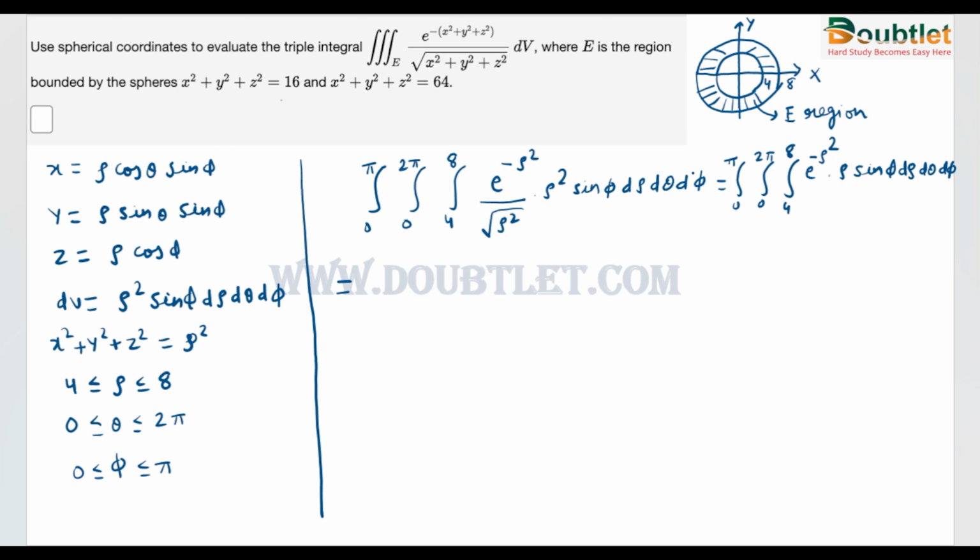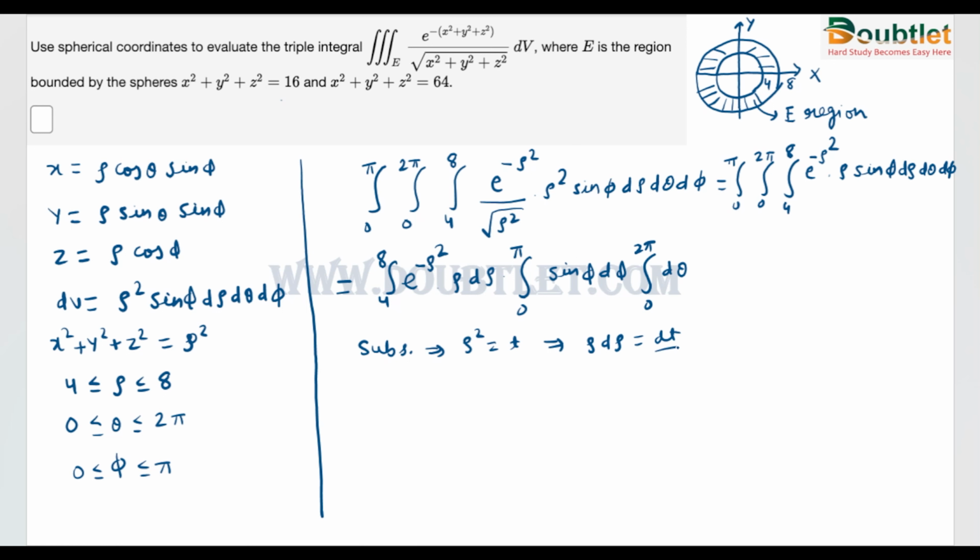If we solve this, we can rewrite the integral as the integral of e to the power minus rho square times rho d rho from 4 to 8, multiplied by the integral of sin phi d phi from 0 to pi, and the integral of d theta from 0 to 2 pi. To solve this, we substitute rho square as t, so rho d rho is equal to dt by 2.